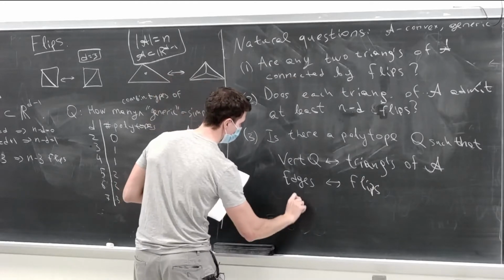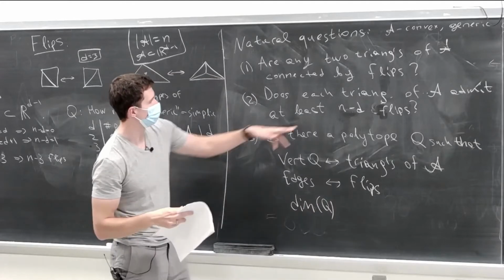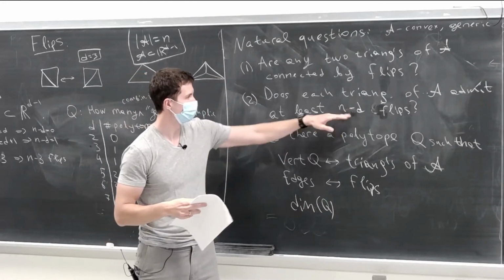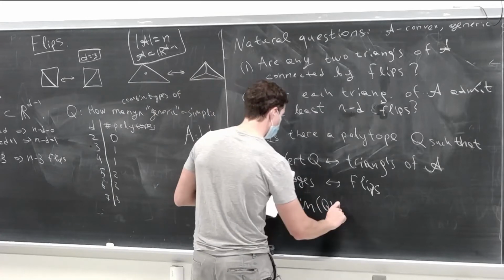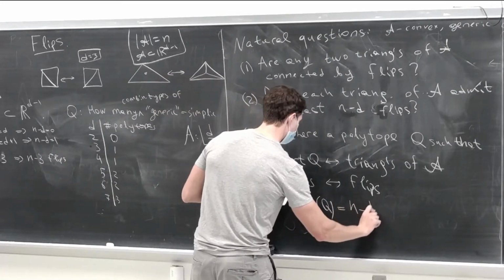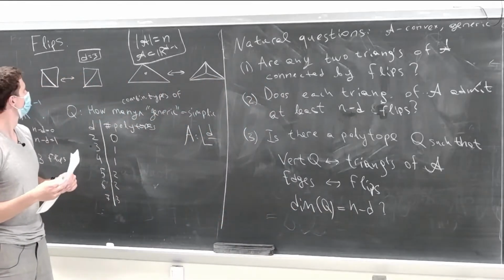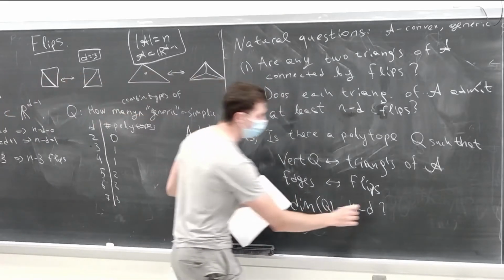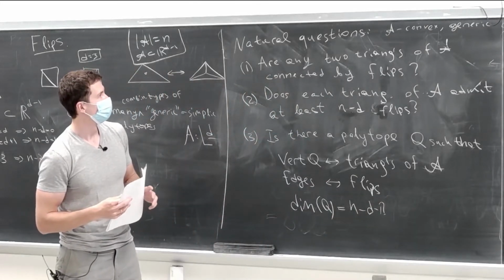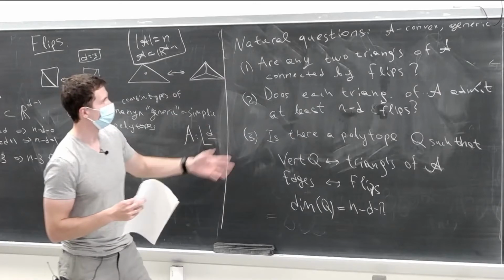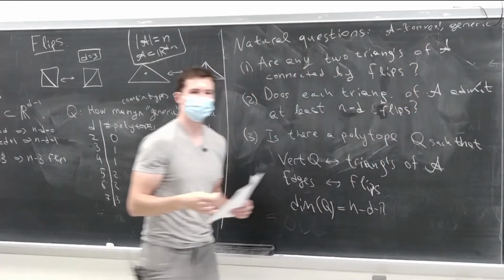Maybe the dimension of Q is n minus d, so that each vertex has degree at least n minus d. These are questions, right? Maybe we should assume convex, or maybe not.